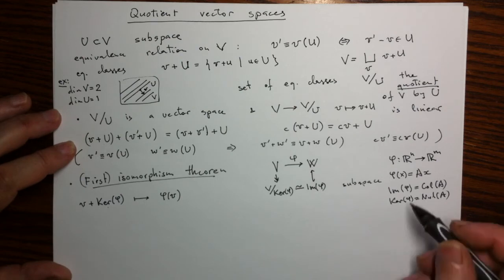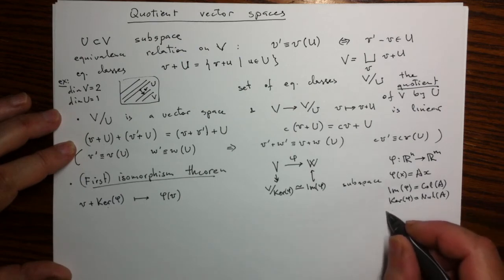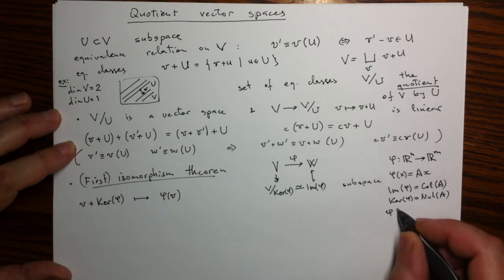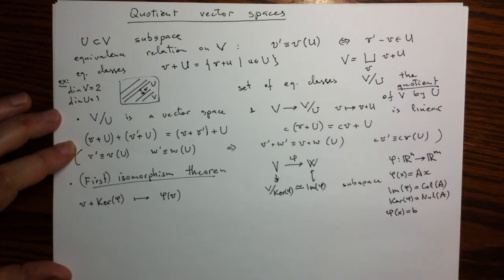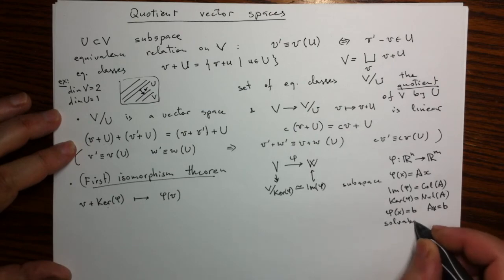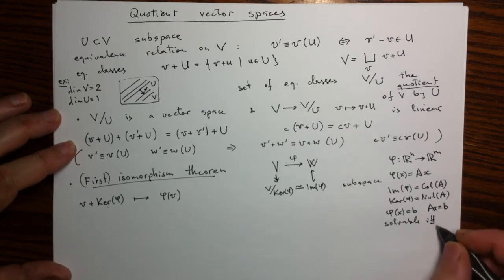And then if we look, say, at this equation for some vector in the target, it is nothing but the system of linear equations with matrix A and then the column right hand side b. So it is solvable if and only if b is in the image, which is the column space of A, and then solutions can be obtained in this way.